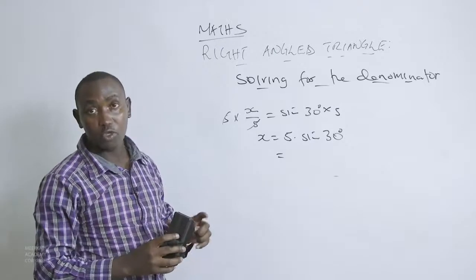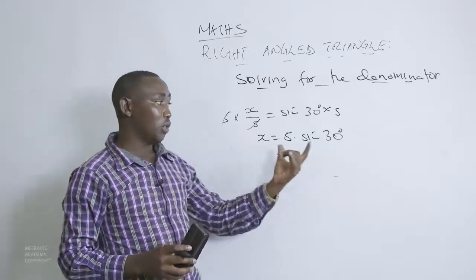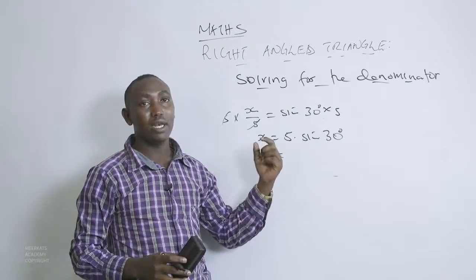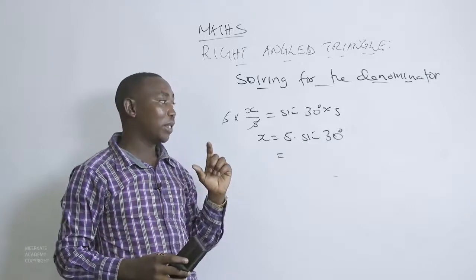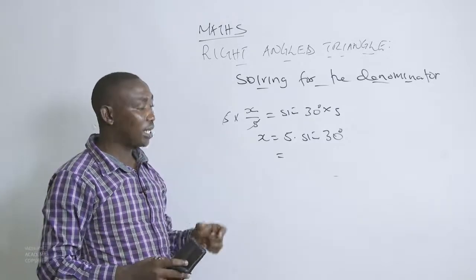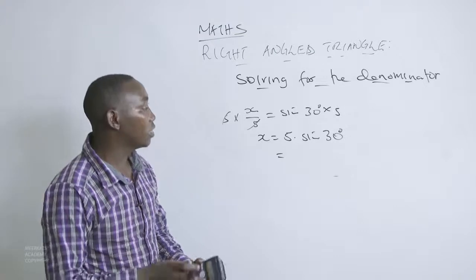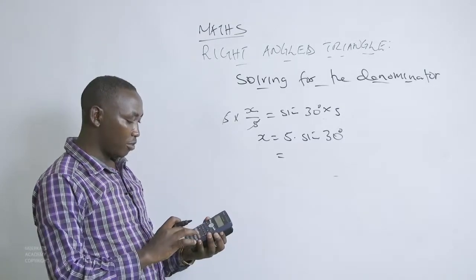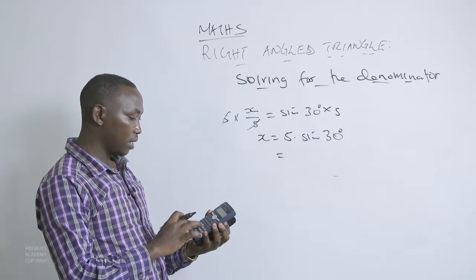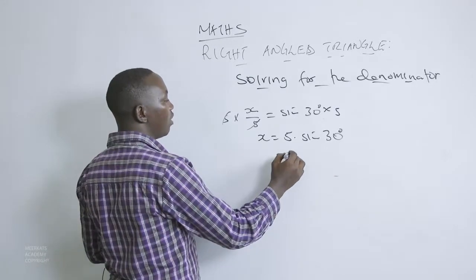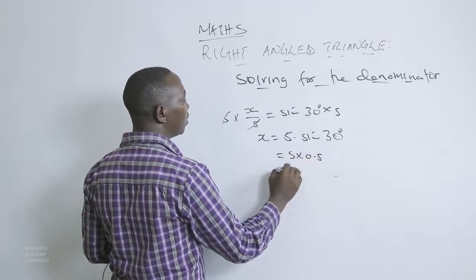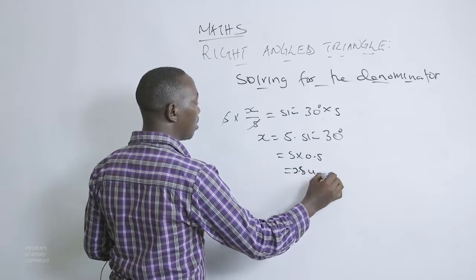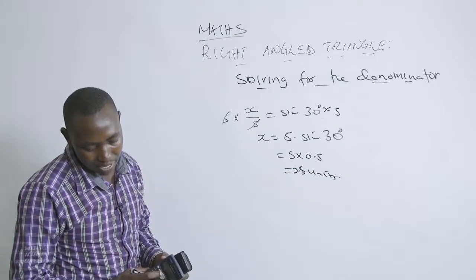We had said that for you to use the calculator in finding the sine, cosine, and tangent of angles, you need to reset your calculators to what we call the degree mode. So we look for the sine of 30, which is 0.5, and you multiply by 5. That will give you your x to be 2.5 units.